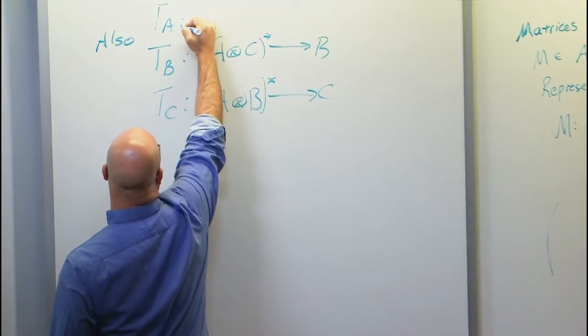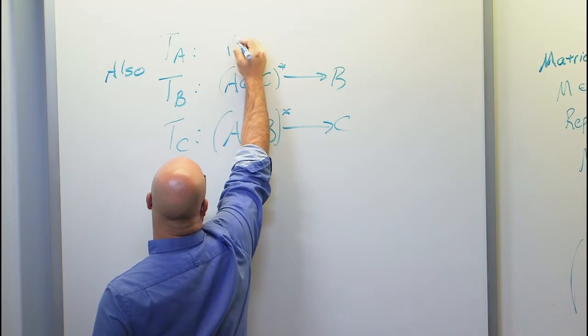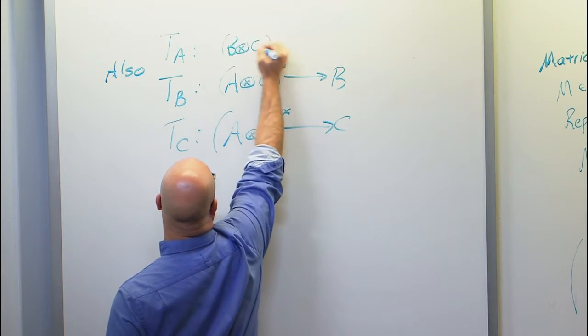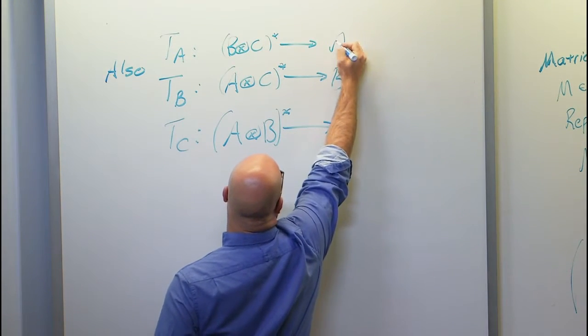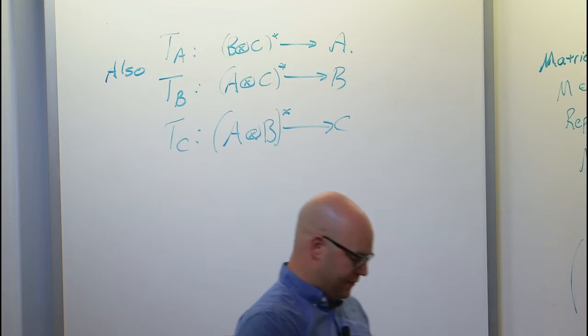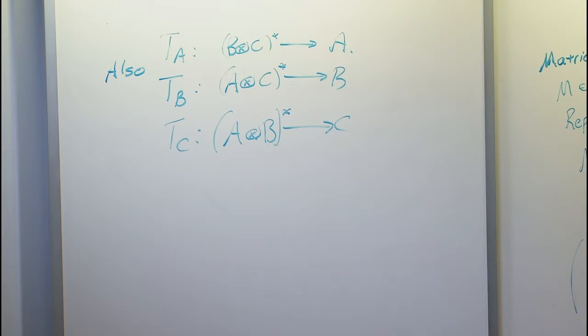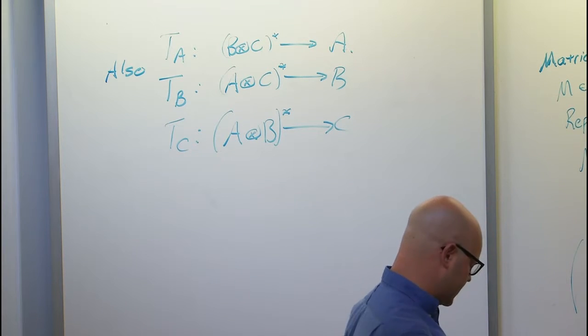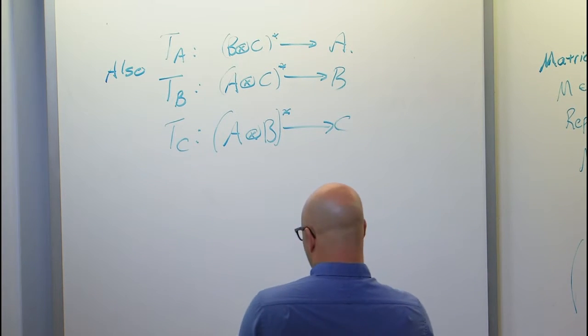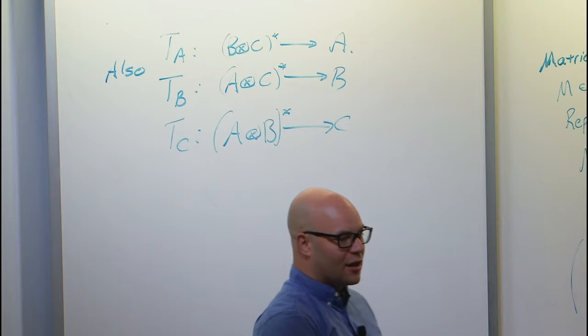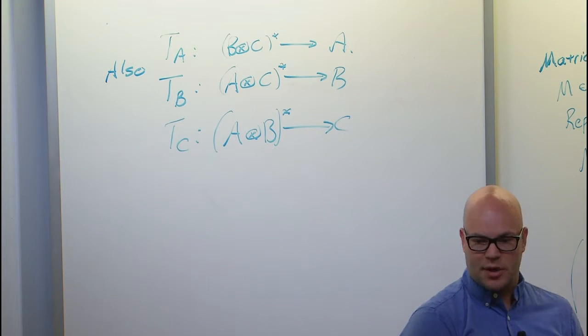And then T_A is a map from B tensor C dual to A. So I have three flattenings for a three-dimensional tensor, and I have many more flattenings for a higher dimensional tensor.